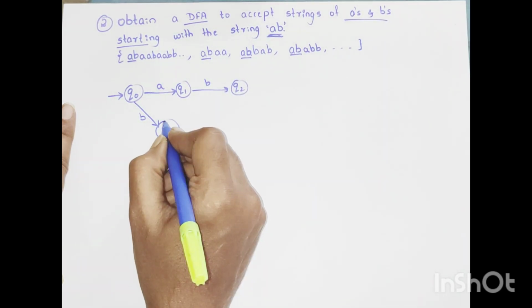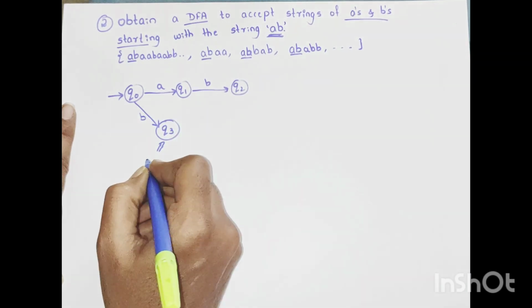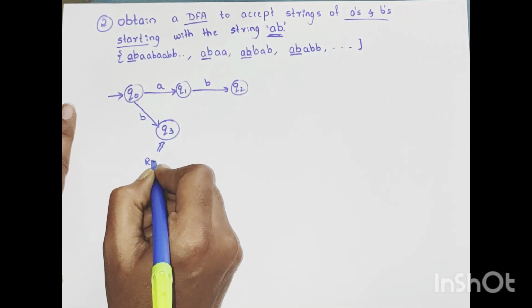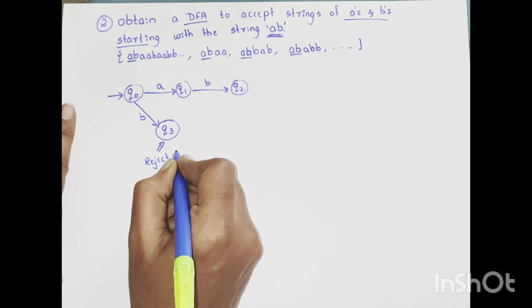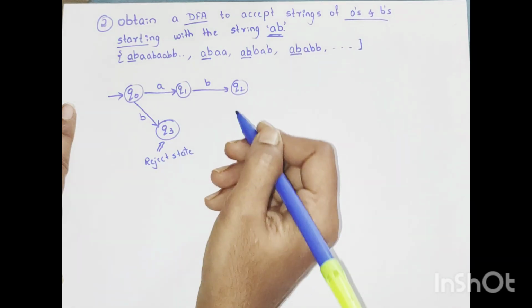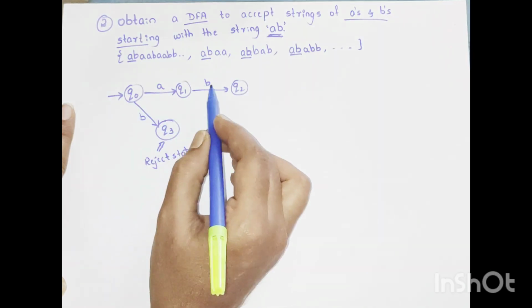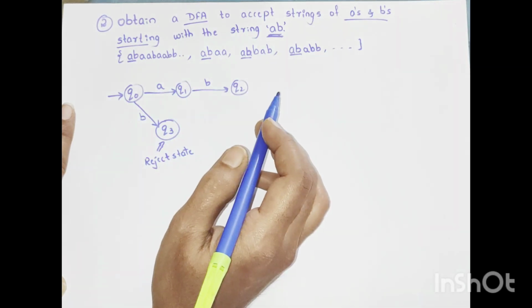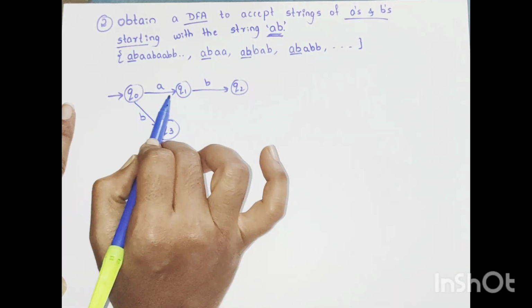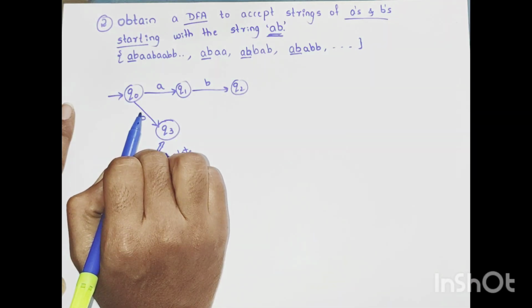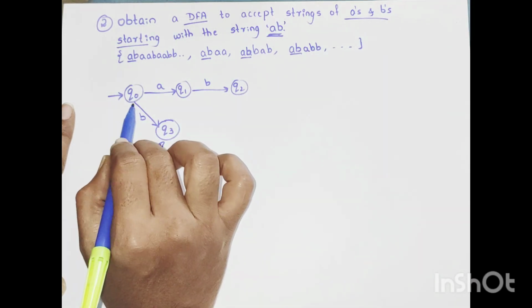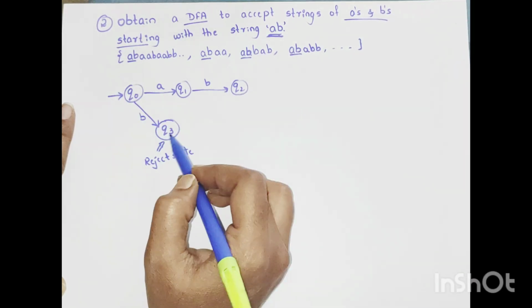This Q3 will act like a reject state. For all the unrequired situations, we will make all those transitions to this dead state. I don't want the string to start with B, therefore if B comes, it should move to this reject state.